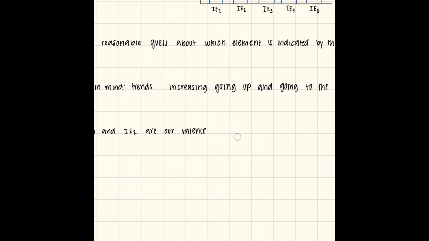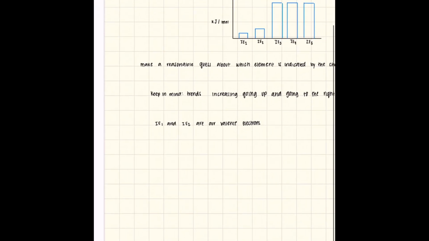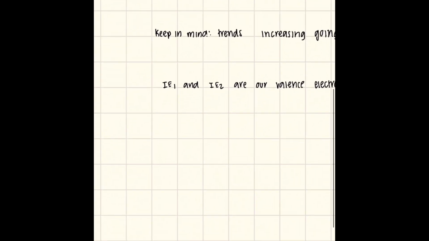Now that I finally got my spelling right, we can do what ionization energy 3 is. Ionization energy 3 just shows us that that's going to be our core electron, because there is that substantial difference in the energies needed. So just keep that in mind.